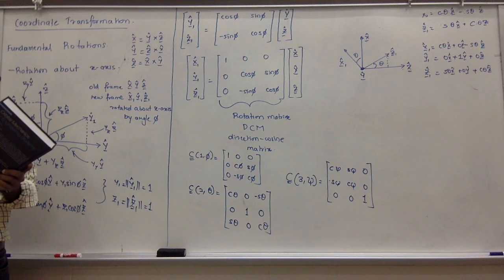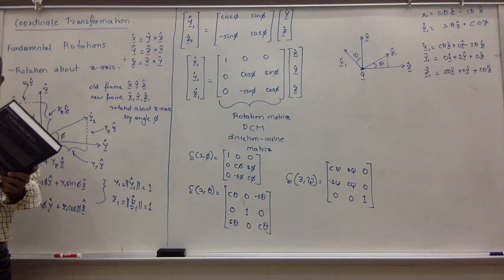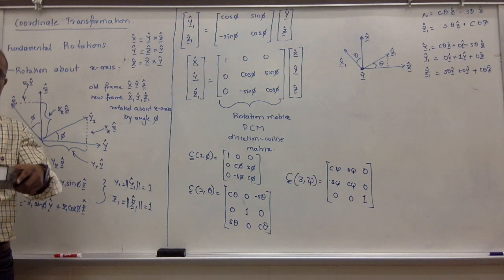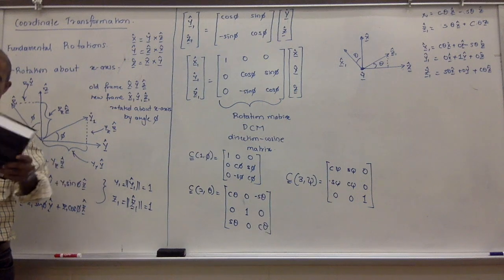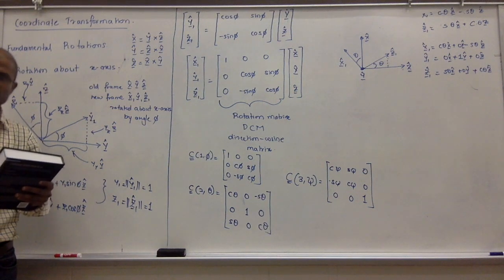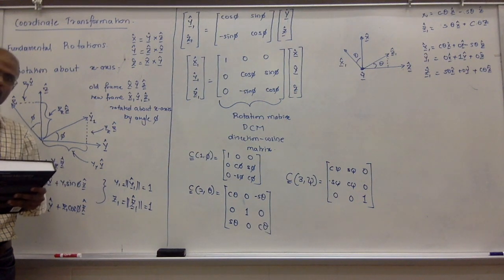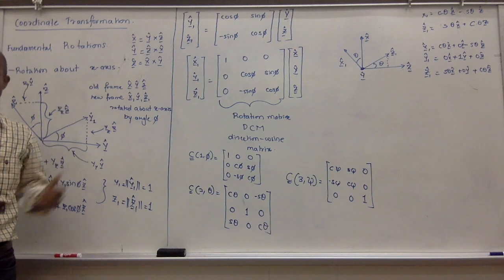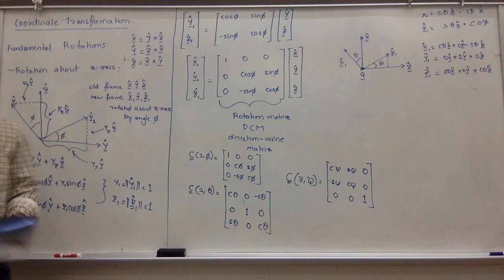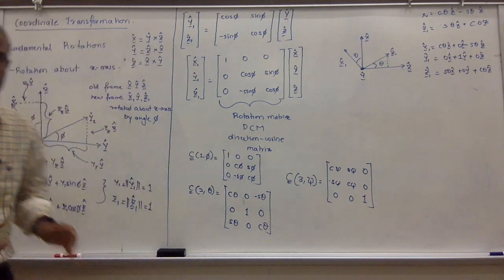You have X, Y, Z. It will be about all three axes. Okay, this is about all three axes, but it can be expressed as a rotation about one axis and one angle, where that axis is not one of these fundamental axes. That axis will be somewhere in between.